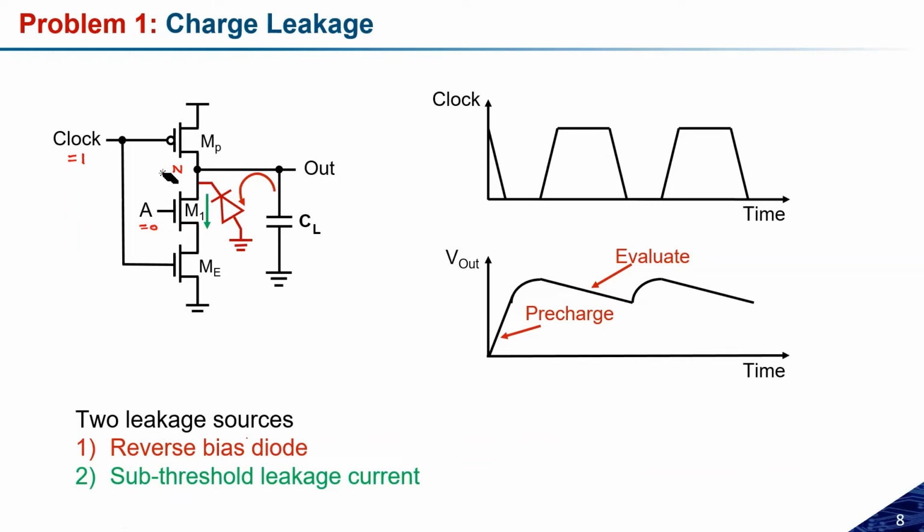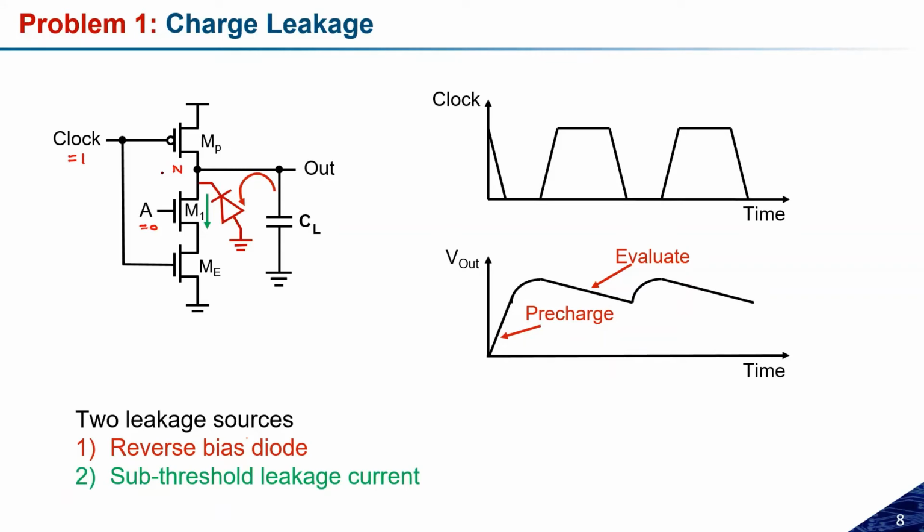In normal CMOS, either the PMOS pull-up network or the NMOS network is active, so there is no dynamic node concept. But because of the dynamic node concept, that node will get discharged, and the effect of the reverse bias diode and the subthreshold leakage current is more, especially in dynamic circuits as compared to static ones.